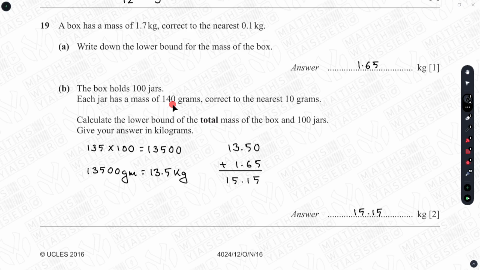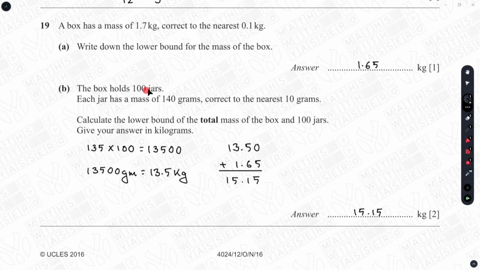Since the mass of the jar has been corrected to the nearest 10 grams, that means we need to divide 10 by 2, and that will give us 5. So the lower bound for the mass of each jar will be 140 minus 5, which is 135.